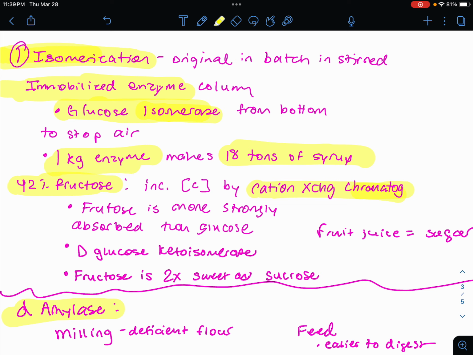And you're going to have increasing concentrations of this by using cation exchange chromatography. Fructose, again, is more strongly absorbed than glucose, and the fructose is, again, 2 times as sweet as sucrose.